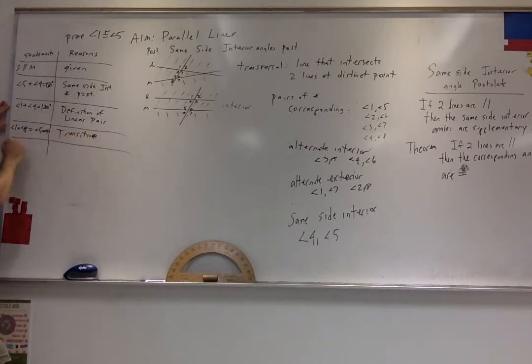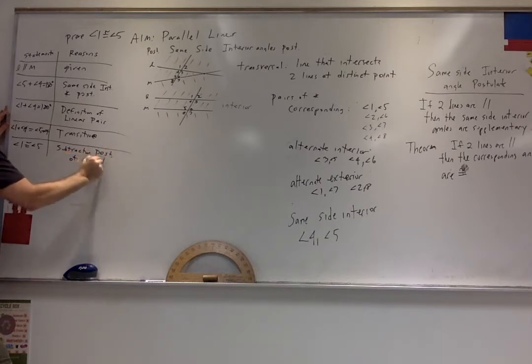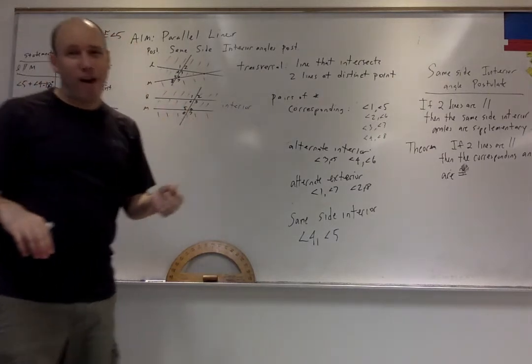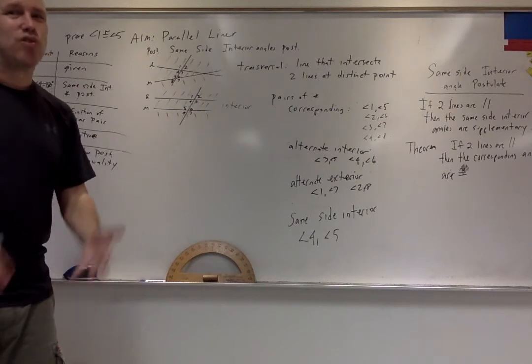What's the last thing? Angle 1 is congruent to angle 5. Subtraction postulate of equality. What did we just prove? We just proved that if two lines are parallel, corresponding angles are congruent.